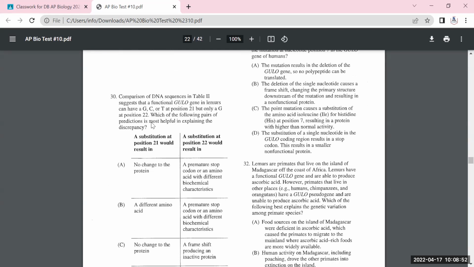Comparison of DNA sequences in Table 2 suggests that a functional GULO gene in lemurs can have a G, C, or T at position 21, but only a G at position 22. Which of the following pairs of prediction is most helpful in explaining the discrepancy? Okay, so 21.